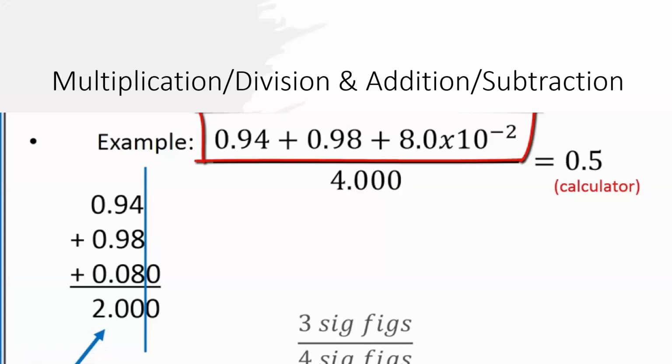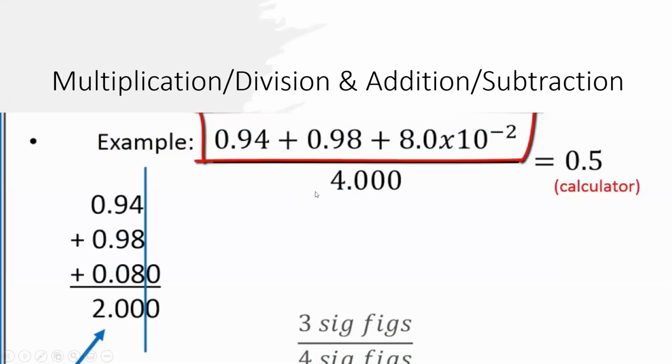This is not my example, but I think it's a really good example of what to do when you have multiplication and division or addition and subtraction in the same problem. First, we're going to add 0.94 plus 0.98 plus 8.0 times 10 to the negative 2, and divide that by 4.000. Our calculator is going to give us just 0.5, but that's not telling us how many significant digits there are.